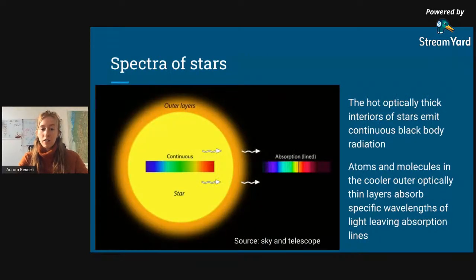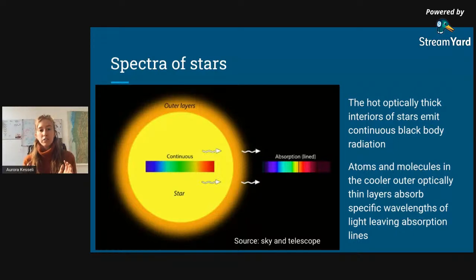Stars are the main thing that we look at with spectra in astronomy, or at least from my perspective, doing stars and exoplanets. And stars are going to emit the 3rd type of spectra. The center of the star is hot and dense, and so it's optically thick.